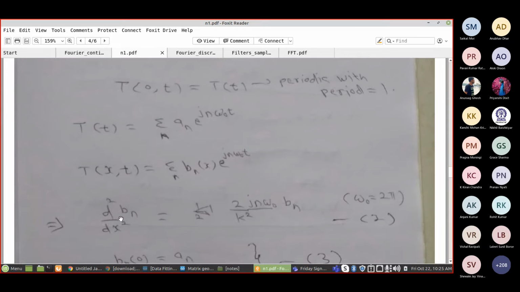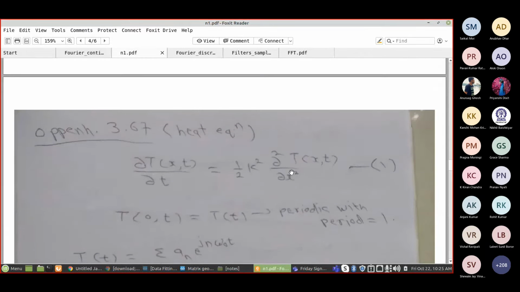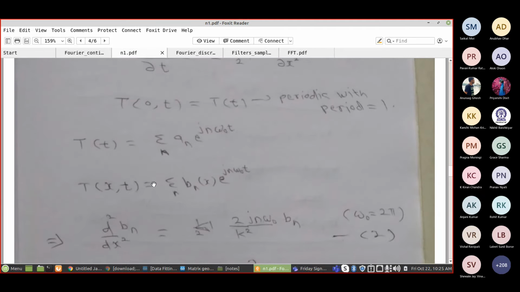So that's what we have on the right hand side. n goes from minus infinity to plus infinity, so we are equating component-wise. On the left hand side, we are taking the partial with respect to t. Taking the partial of this with respect to t will pull out this j n omega naught factor. So this is that factor times Pn, which stays as it is. The complex exponential we are cancelling out.